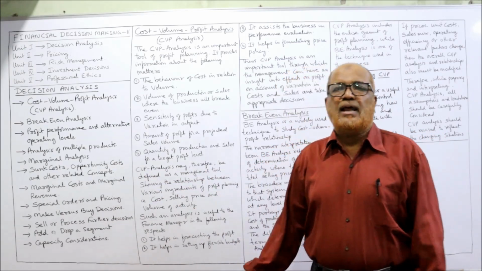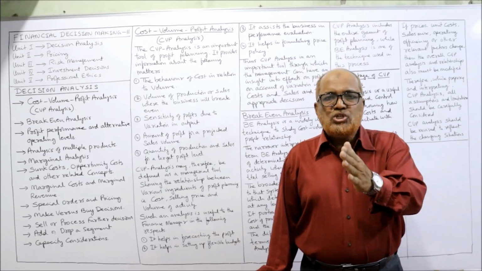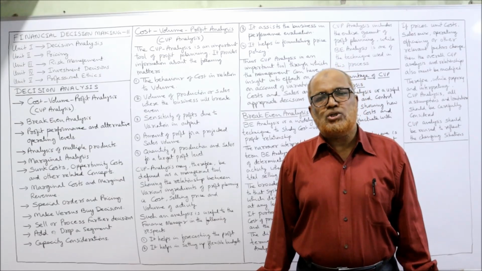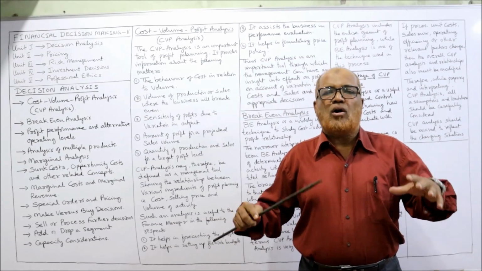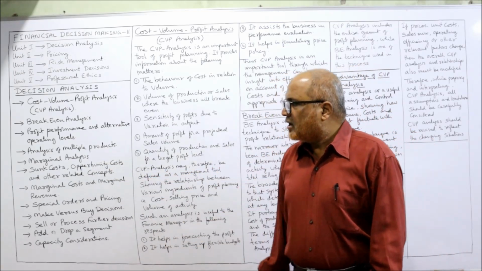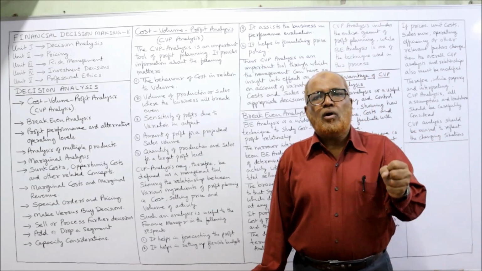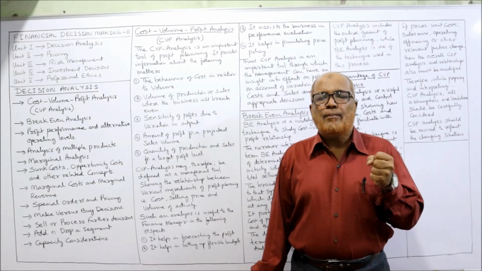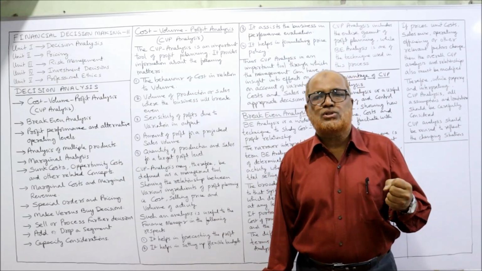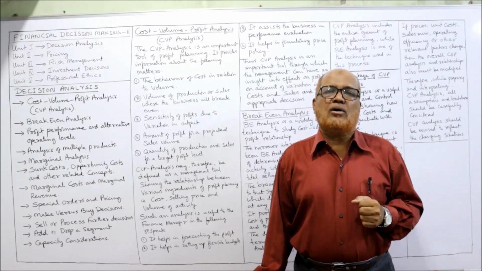Next, marginal analysis. Marginal means differential. By changing the activity, the cost and revenue will also change. What are the changes in cost and revenue? That is marginal analysis. Then sunk cost, opportunity cost, and other related cost. See here, in order to control the cost, the management must know what are the different types of cost, what is the behavior of cost, how we can be able to control the cost.